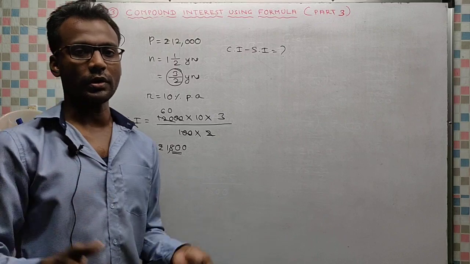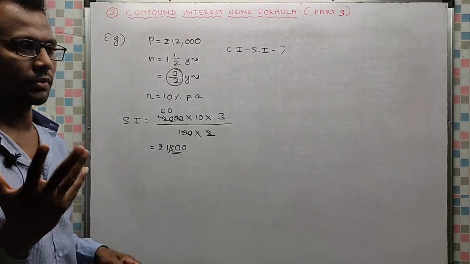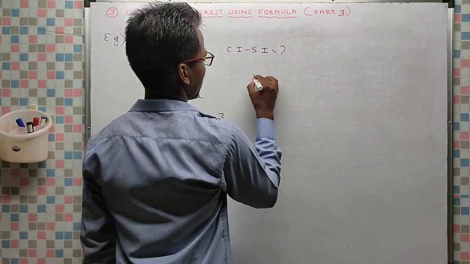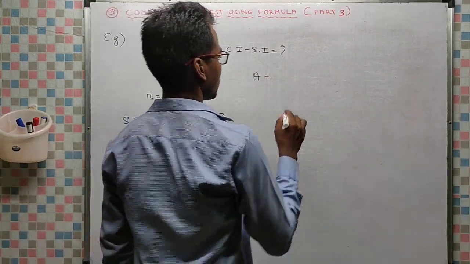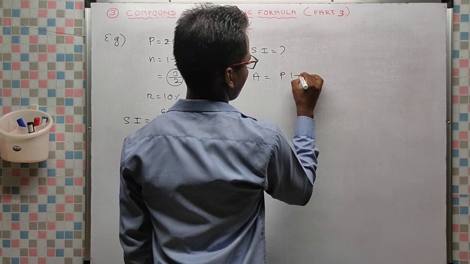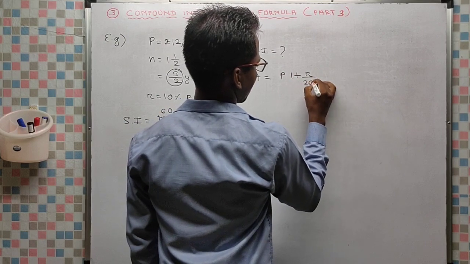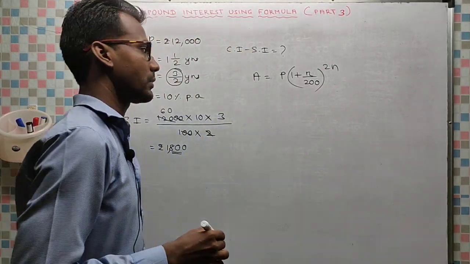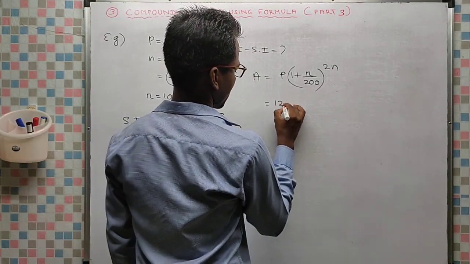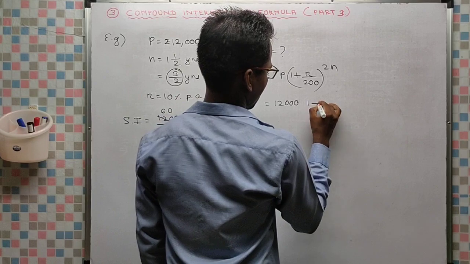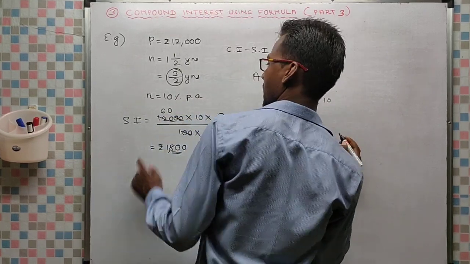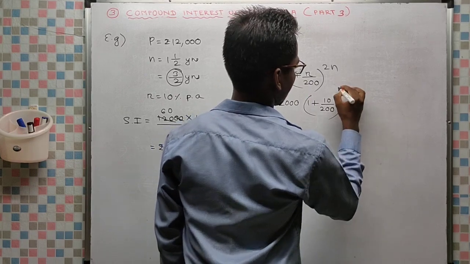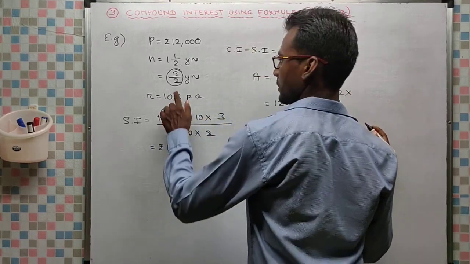Let us go for compound interest. We don't need the compound interest formula, simply we need to calculate the amount, then you can easily get compound interest. So amount is equal to P into (1 plus R by 200) power 2n, because it is half yearly. Principal is 12,000, R is 10 by 200, power 2 into n, where n is 3 by 2.